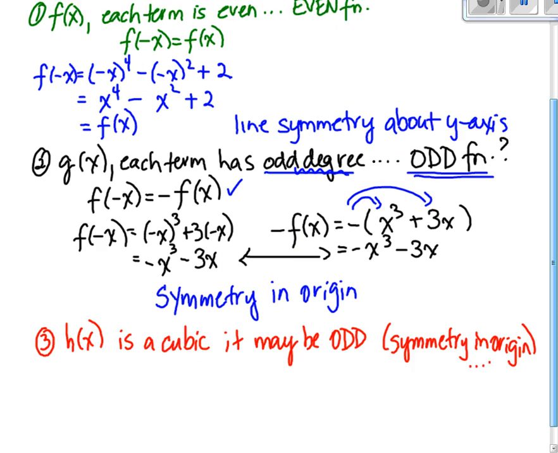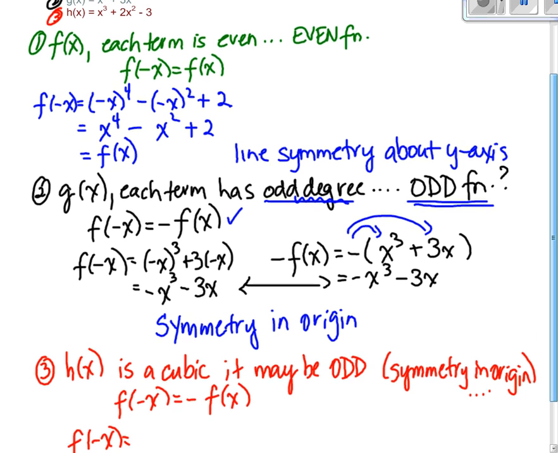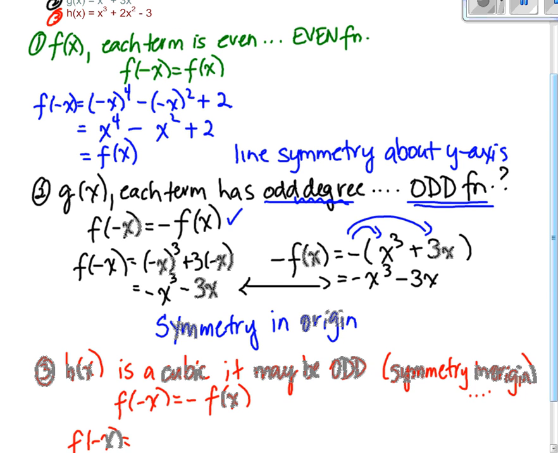But we need to prove it. If it is odd, f at minus x is equal to negative f at x. F at minus x, I'm going to replace each x in our original h at x with a negative x.